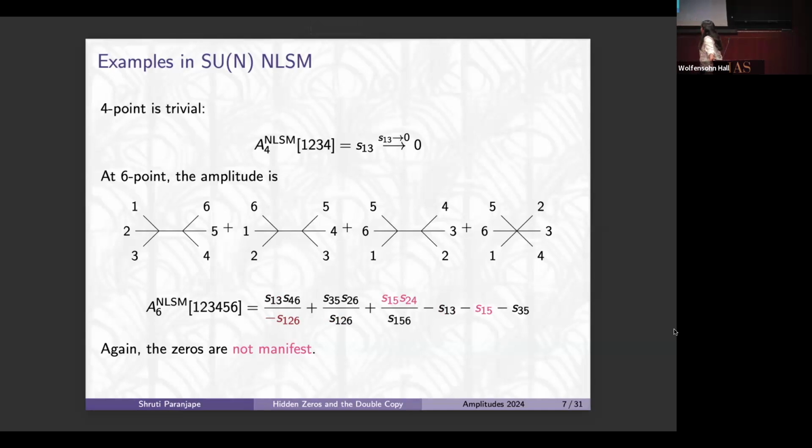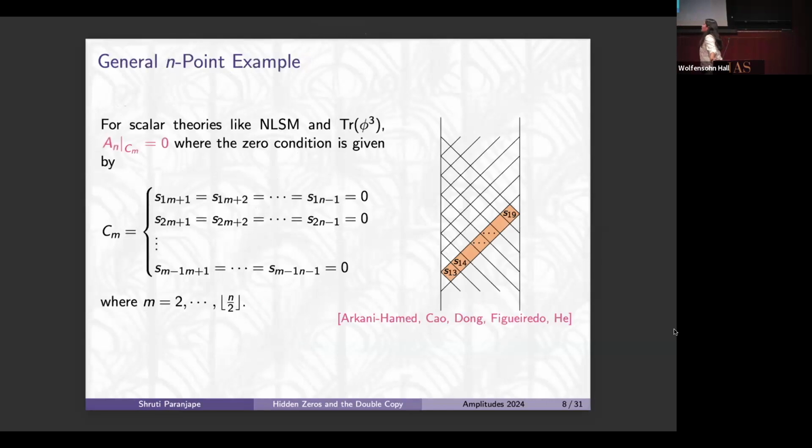Okay, so good. At n point, there are n over 2, or floor of n over 2, number of these zeros. And one convenient way, which is discussed in this paper, to read off these conditions is from the kinematic mesh that some of you might recognize from one of Nima's talks at Amplitudes maybe a couple of years ago.